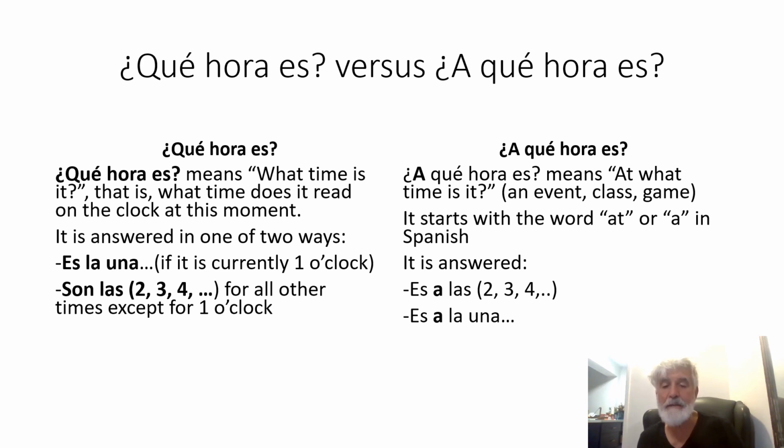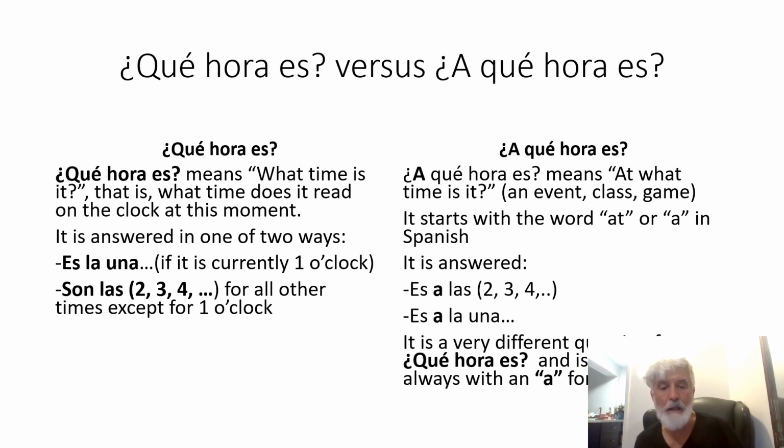So again, that's how we would answer this question. And again, they're very different questions. ¿Qué hora es? is asking you what time is it, and ¿a qué hora es? is asking you at what time is a specific event or does some action occur.